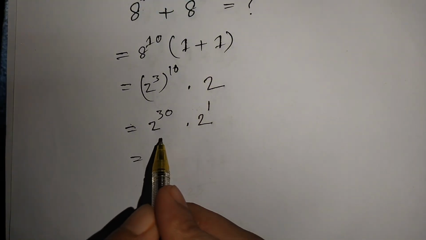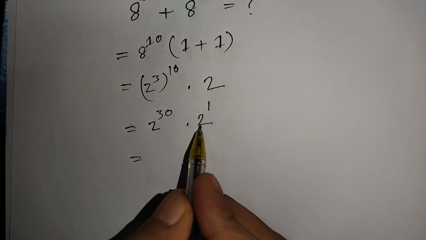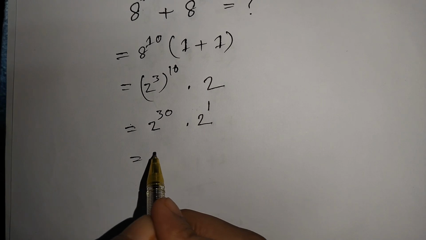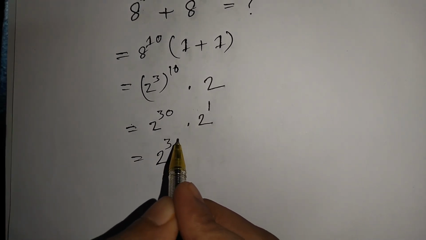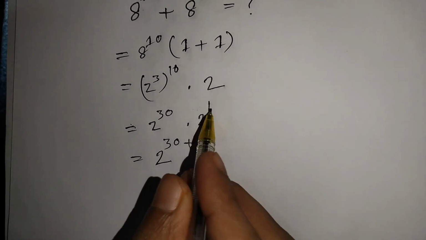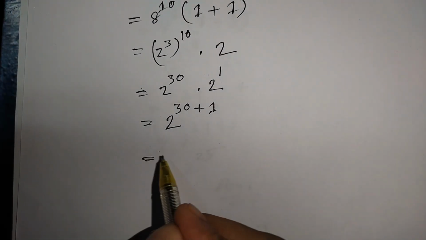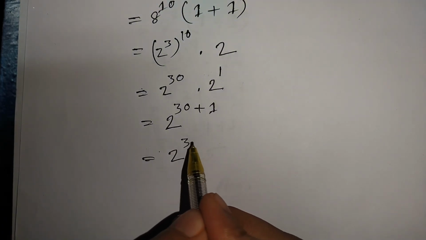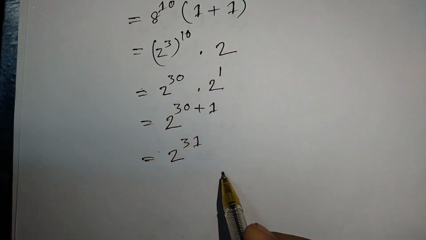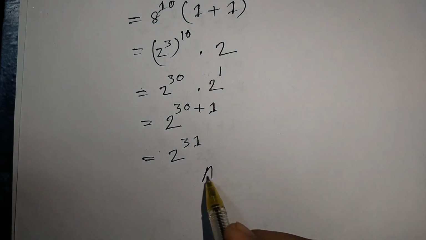Then we can see that 2 has the same base but different powers, so we can write 2 common, then power 30 plus power 1. Then 2 to the power 30 plus 1, that means 31. So 2 to the power 31 is the correct answer.